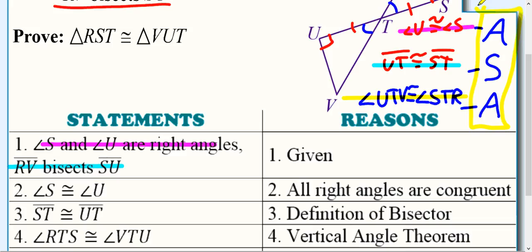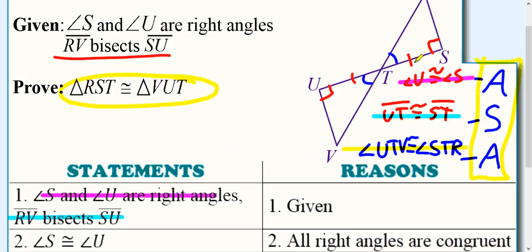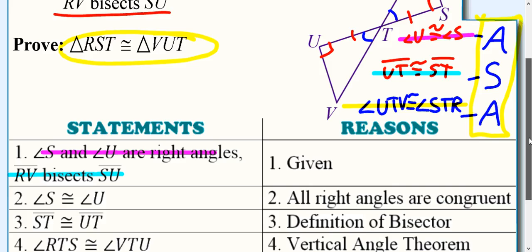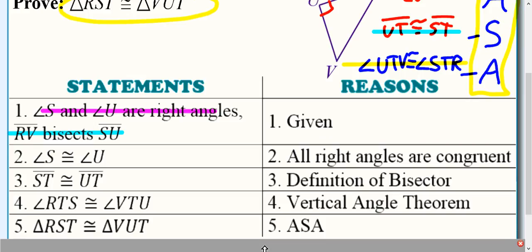Whenever you say angle, side, angle, or side, side, side, or side, angle, side, you're saying two triangles are congruent. You're saying RST is congruent to triangle VUT. And our reason, which we already have written down there also, is angle, side, angle. That's the entire proof.